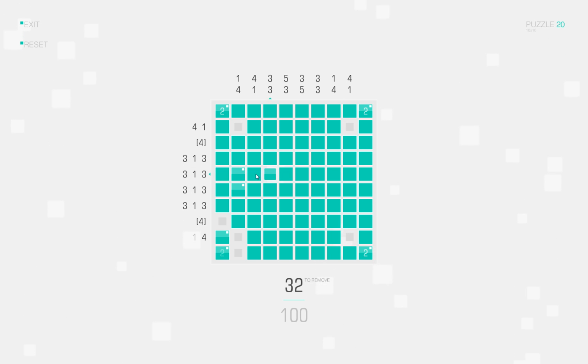Here we need 3, 1, 3. This has to be a part of the tree, so it could be these 3, then space, then 1, then space, then 3. So if we have here 3, 1, 3, space, 1, space, and 3, or we can move it all 1 to the right.